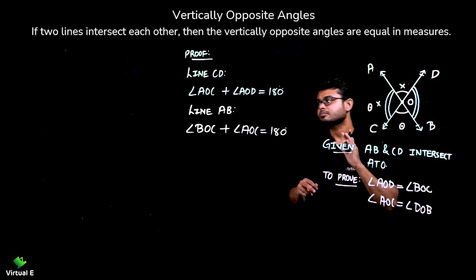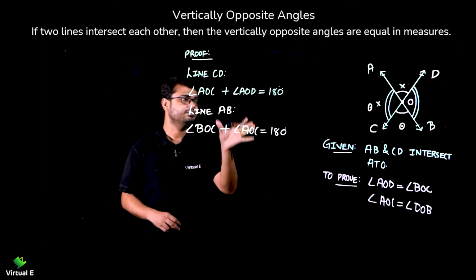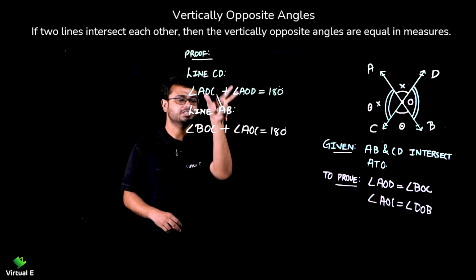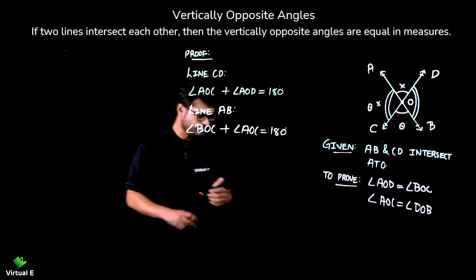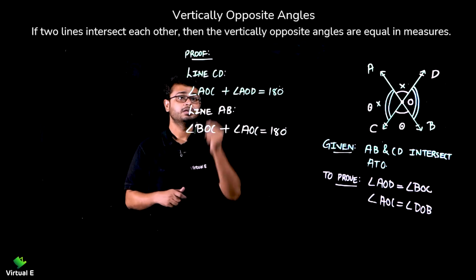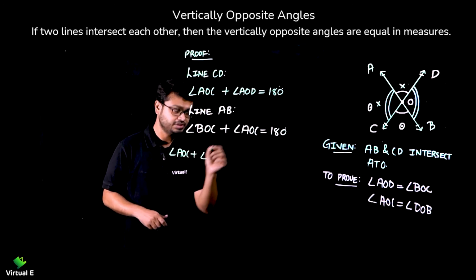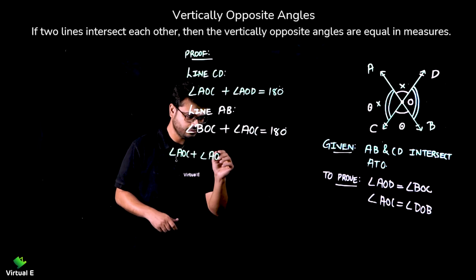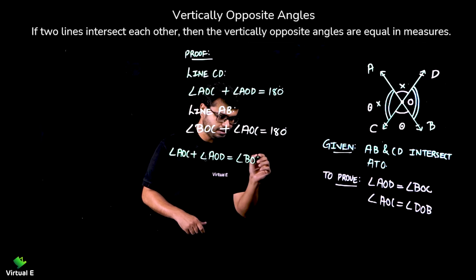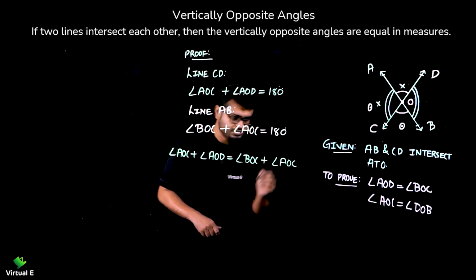Very simple. Now what we can do over here: both values are equal to 180 degrees, so we can equate them. So angle AOC plus angle AOD is equal to angle BOC plus angle AOC.